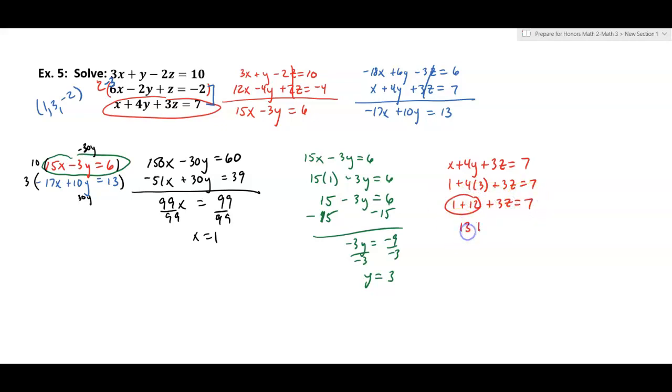It's going to give you 13 plus 3z equals 7. Subtract 13. 3z equals negative 6. Divide by 3, and z equals negative 2. And my ordered triple solution would be x is 1, y is 3, z is negative 2.